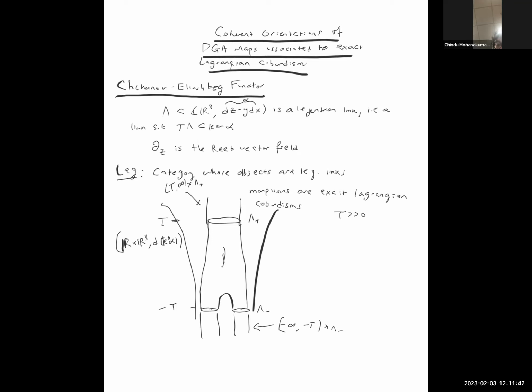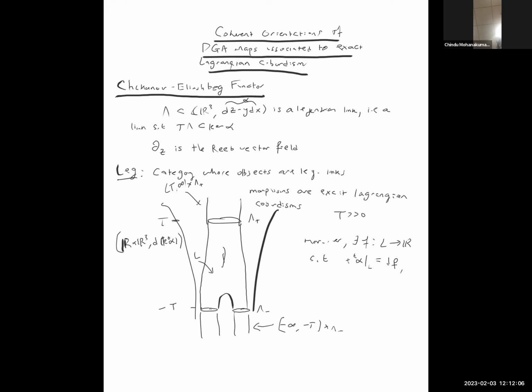Moreover, this thing, we'll call L. There exists a function from L to R such that e to the t alpha restricted to L is equal to df.